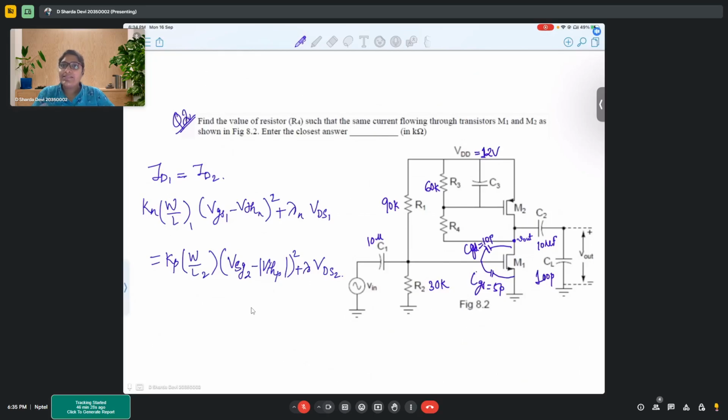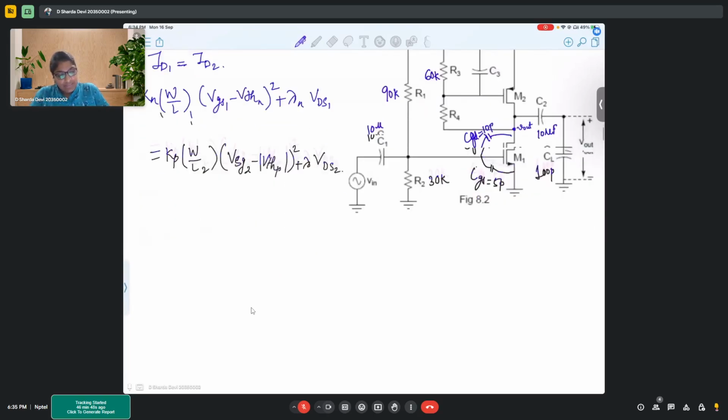So that is the idea behind design also. When you design, you keep in mind that all of the biasing circuits almost together should not consume more than 10% of your total power dissipation. You design that way as well. So moving on with this problem.